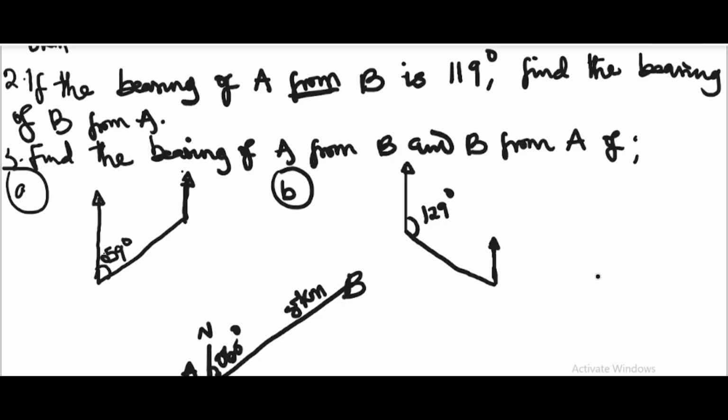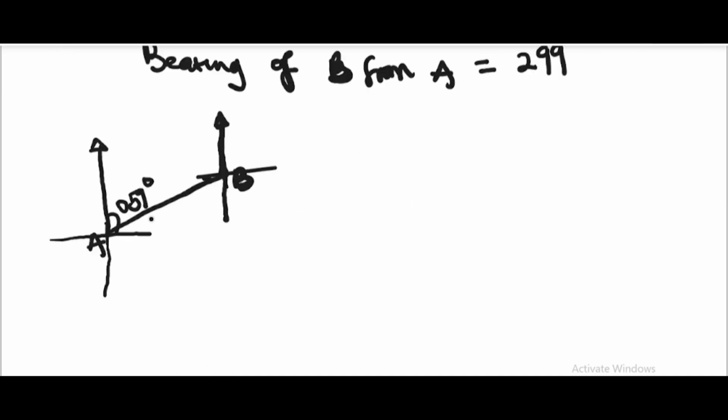If it were me, I will start by completing this so that I will be sure of the quadrants I am working with, right? So if I complete position A, I will also complete position B. Now, completing position A, I now know that the bearing of B from A is in the first quadrant, right?